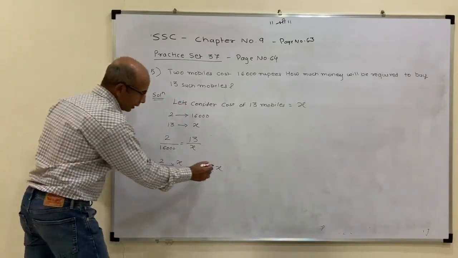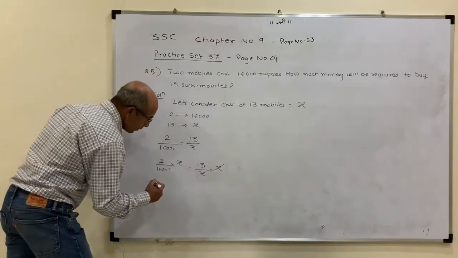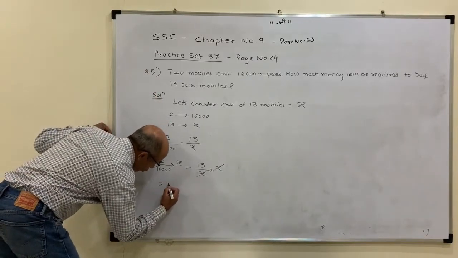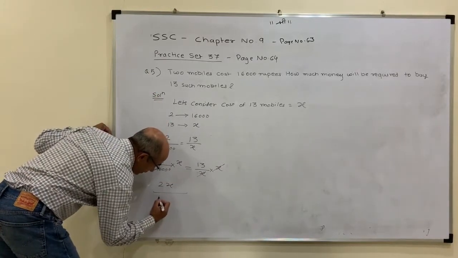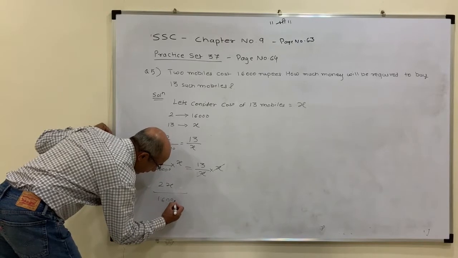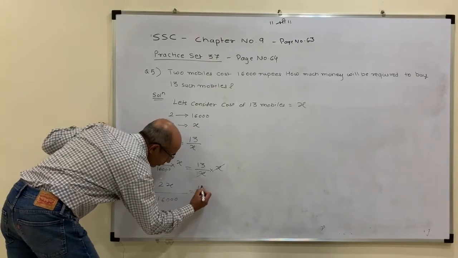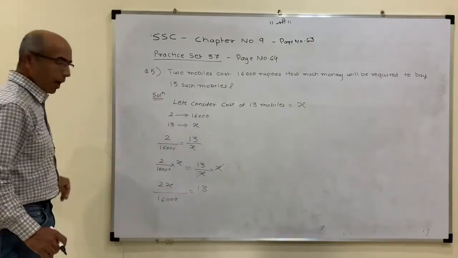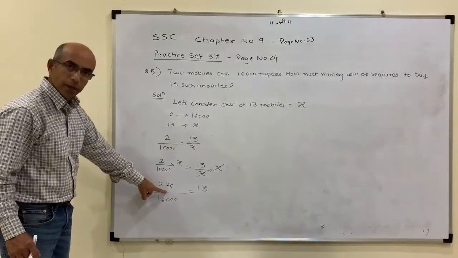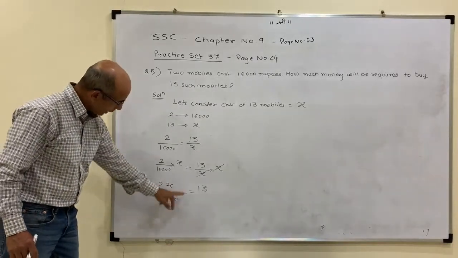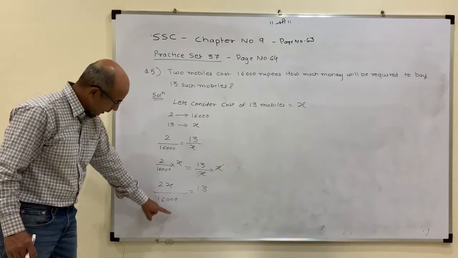So x is gone. My next step will be 2x divided by 16,000 equals 13.